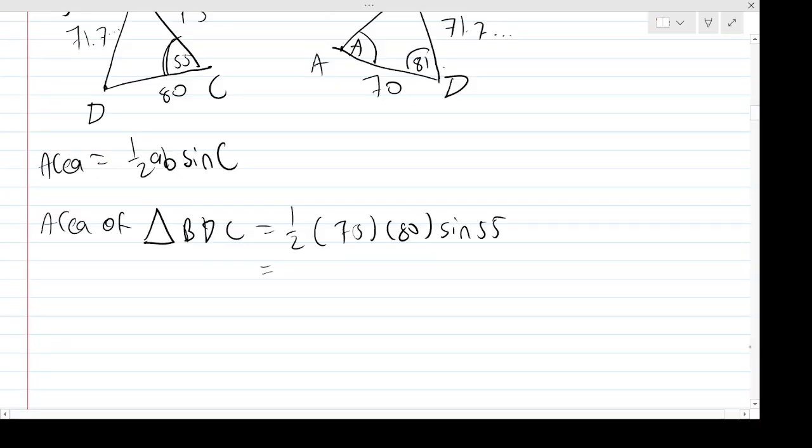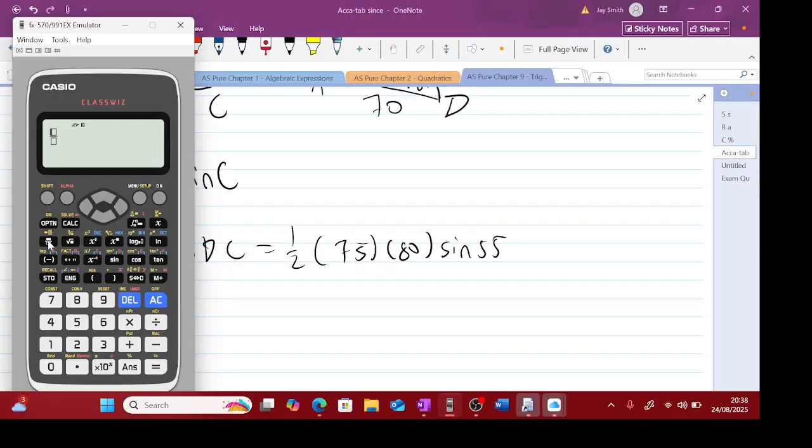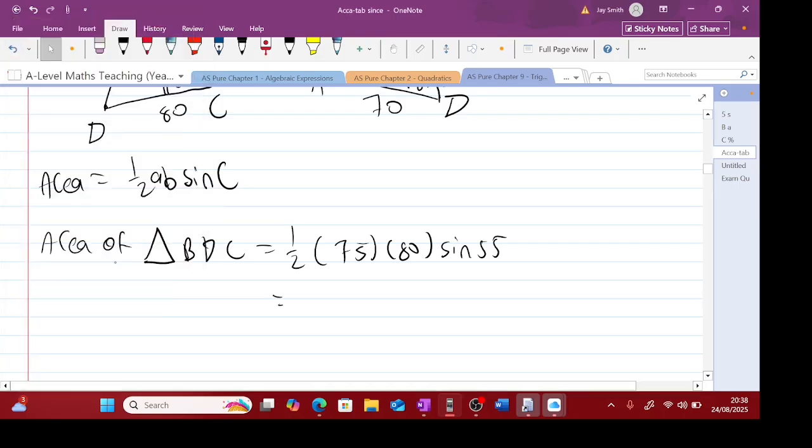So if I just work that out, half times 75 times 80 times sine of 55, I get 2457.456 blah blah blah meters squared.